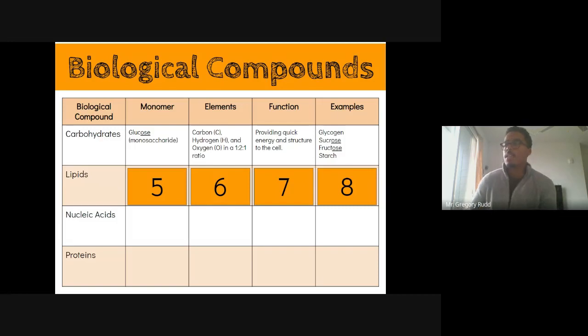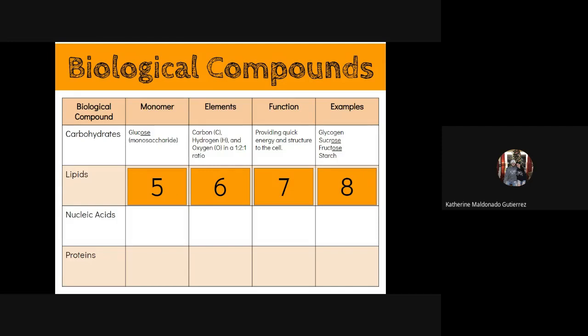All right, let's move on to the next 4 boxes, which covered lipids, the other biological compound that we discussed yesterday. What's the monomer of a lipid? This one is a little bit tricky to describe, but what's the monomer of a lipid? Fatty acids. Good.